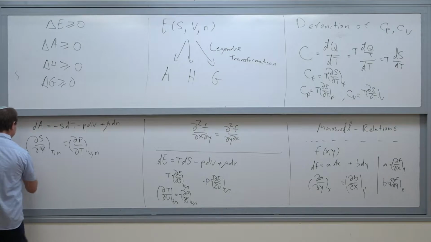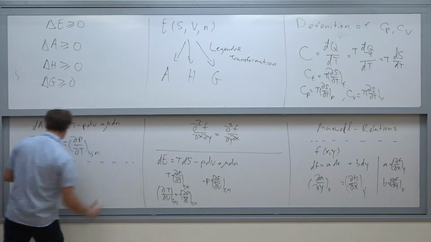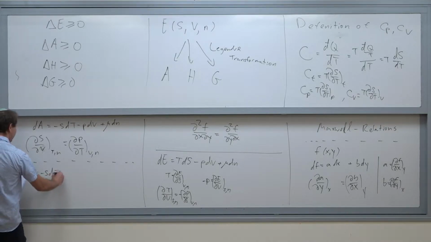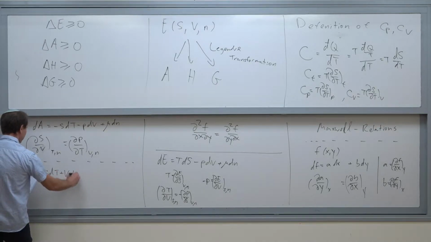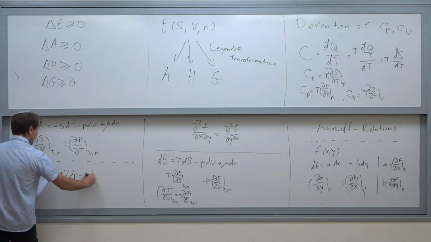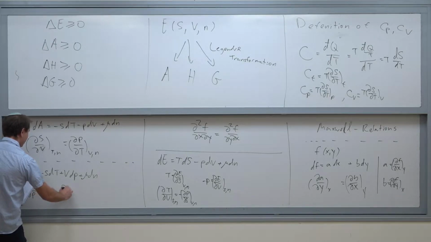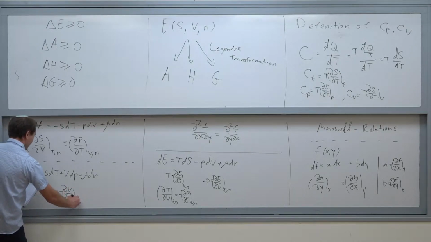An additional example: the Gibbs free energy. dG equals minus S dT plus V dP plus mu dN. So here we have dS/dP, keeping T and N constant, equals minus dV/dT, keeping P and N constant.